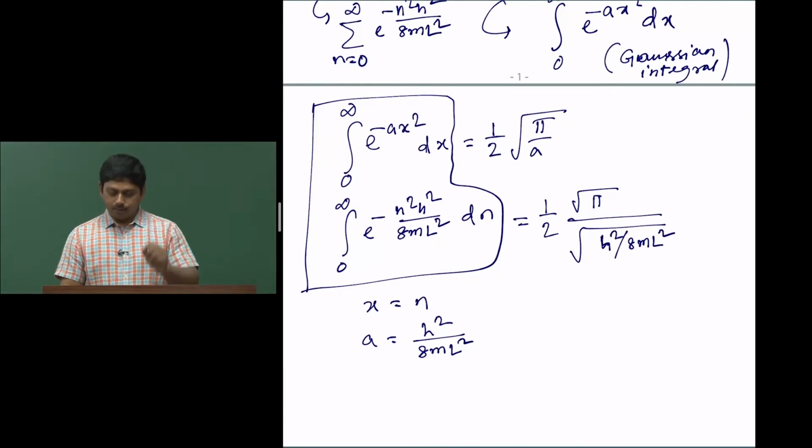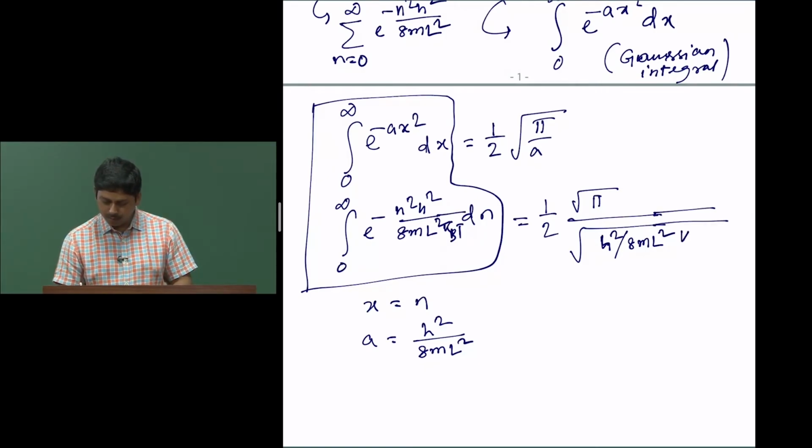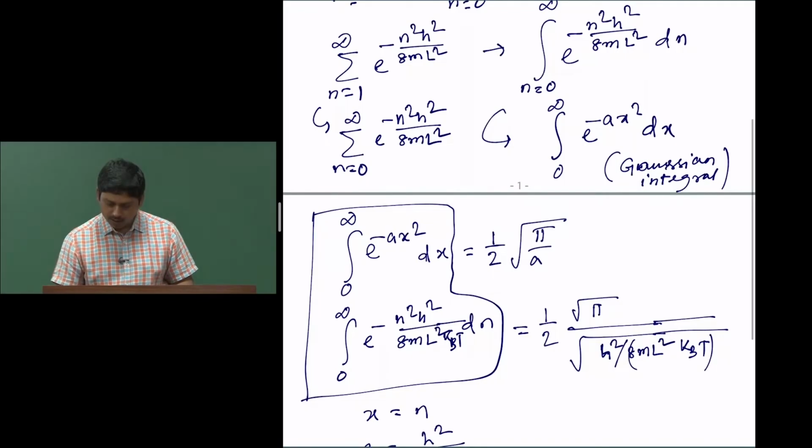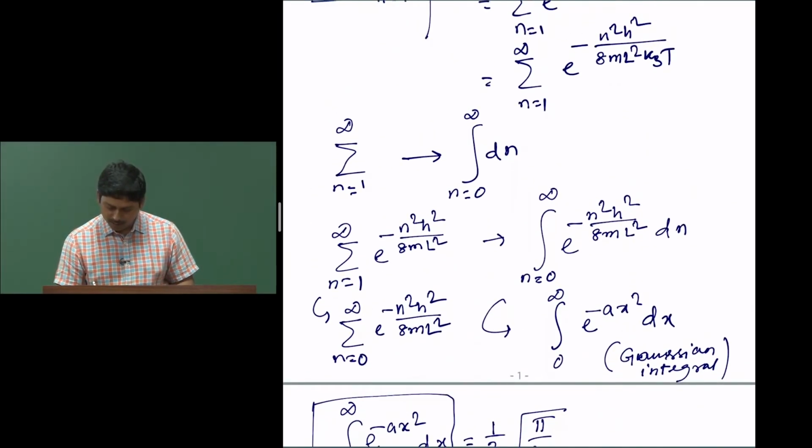Okay, I forgot to mention one thing, there is a KBT also down here. So, here it will be KBT as well. So, it is E by KBT. I will just correct that. Yes, as you can see, there is a KBT here, and there is a KBT there as well.